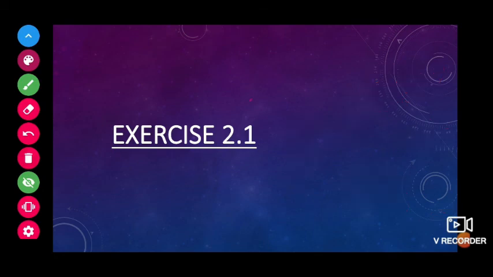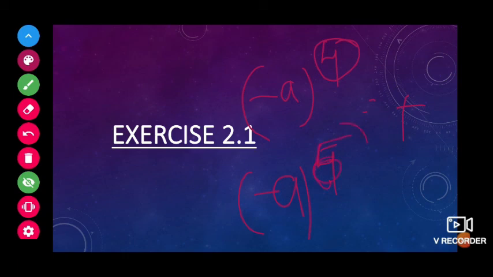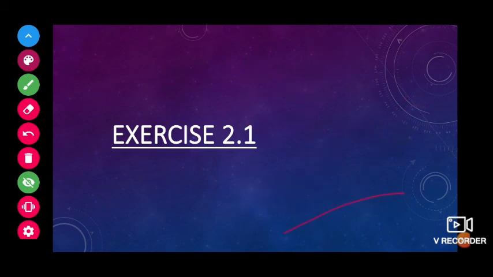For example, minus a whole to the power 4. The power is 4, that is even, so the result is automatically positive. Minus a whole to the power 5: here the power is odd, so minus will remain minus.